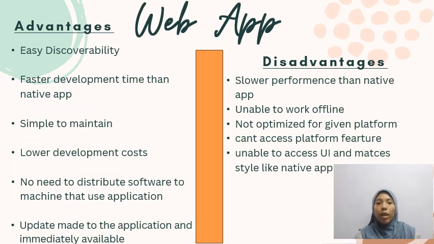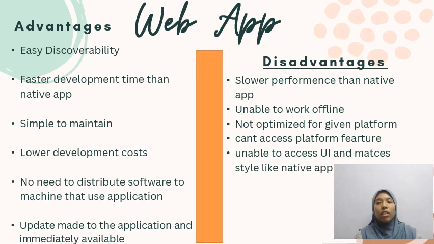Next, we have web app advantages and disadvantages. The advantages are easy discoverability, faster development time than native apps, simple to maintain, lower development cost, no need to distribute software to machines that use the application, and lastly, updates made to the application are immediately available.